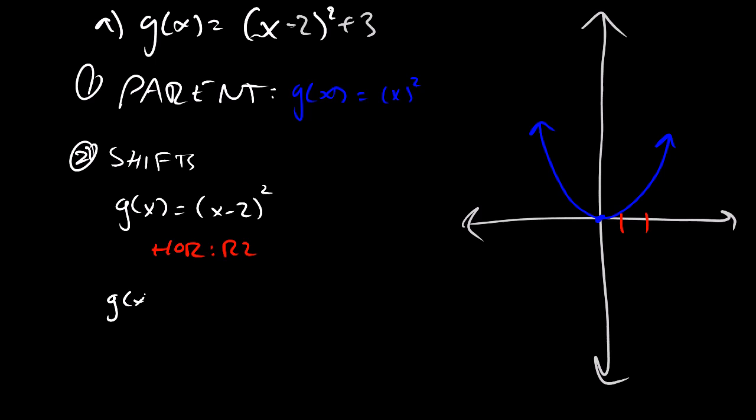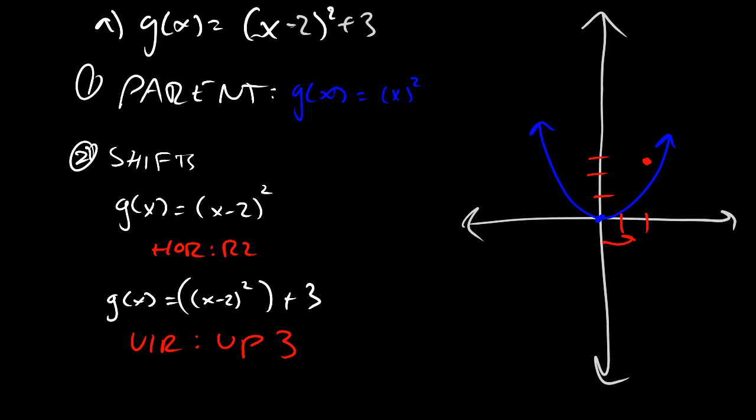And if we add on 3 to our quantity, that's going to be our vertical shift. We're going up 3, positive 3 in the up direction. 1, 2, 3. So our new starting point is at (2, 3). We've gone right 2, we've gone up 3, and we're now here.